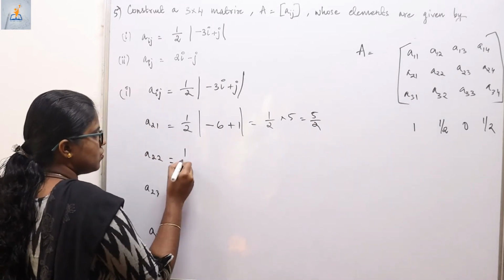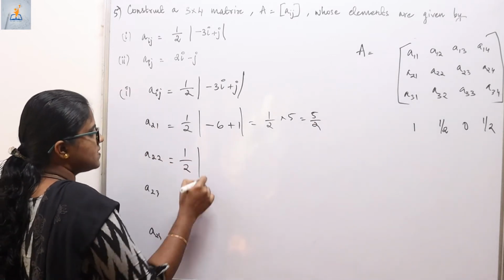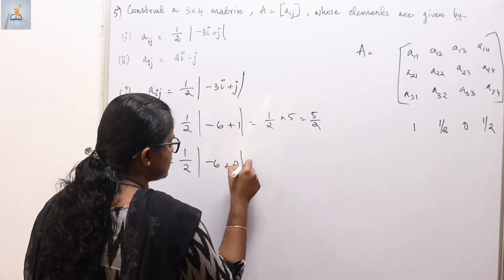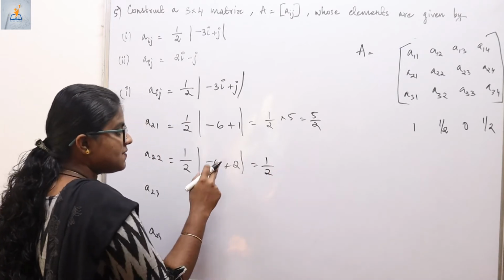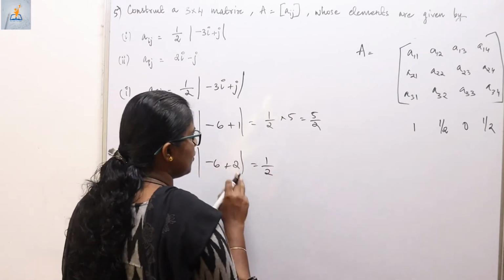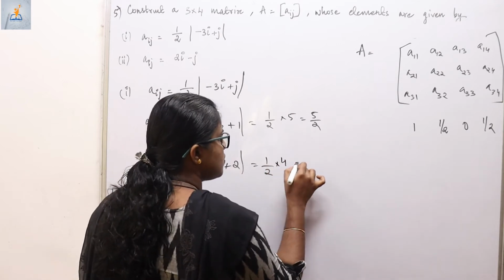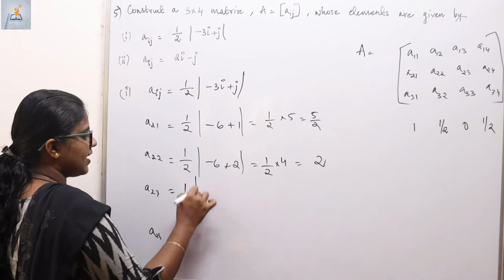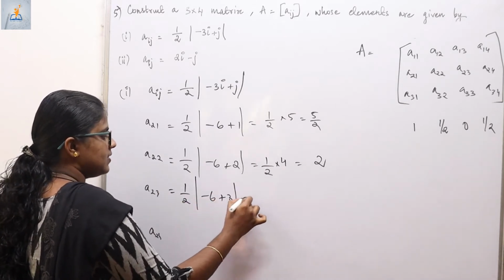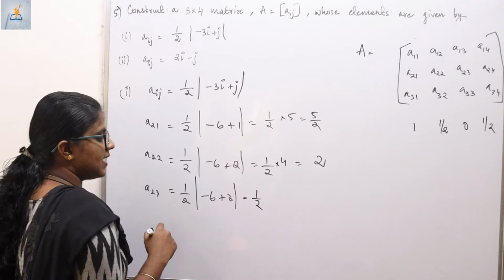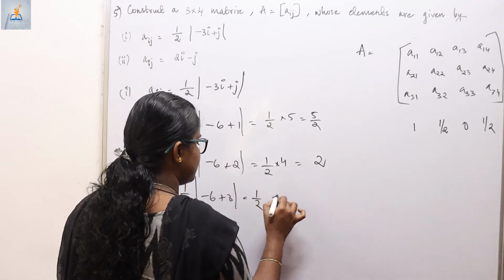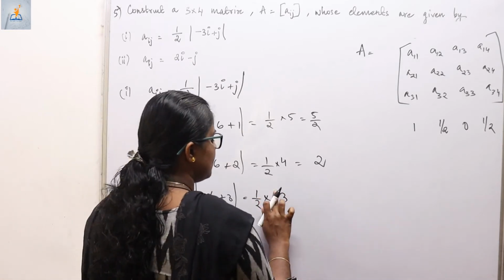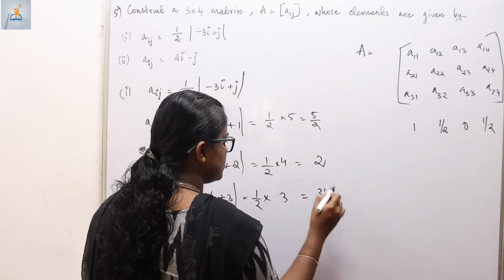Again A22, so half times negative 3 times 2 is again negative 6 plus j, that is 2, so half times negative 6 plus 2 is nothing but negative 4, modulus of negative 4 is 4, so 4 by 2 is 2. Now again A23 is half times negative 6 plus 3, that is negative 3, modulus of negative 3 is plus 3, so it is going to be 3 over 2.